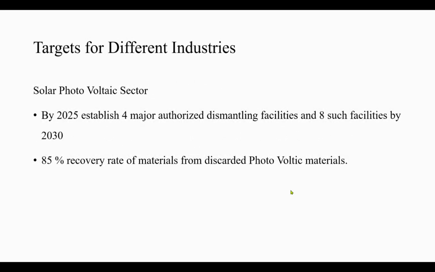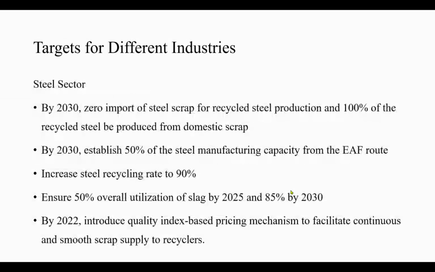If we are talking about the solar photovoltaic sector, then by 2025 establish 4 dismantling facilities and 8 such facilities by 2030 in upcoming years, with an 85% recovery rate of material from discarded photovoltaic material.